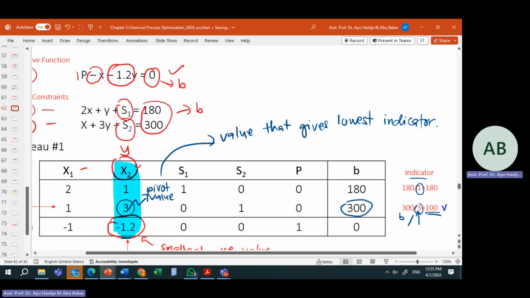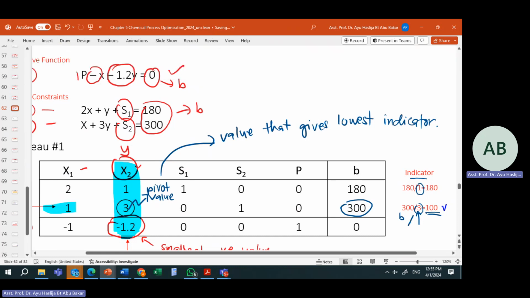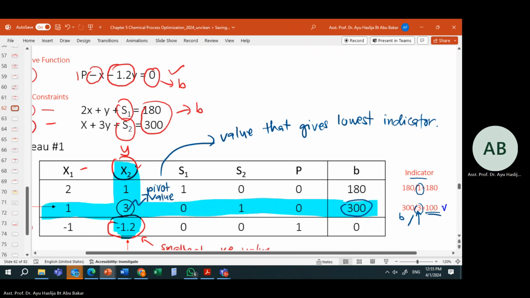So 3 is your pivot value. Now you have identified your pivot row. Up to there? Can?